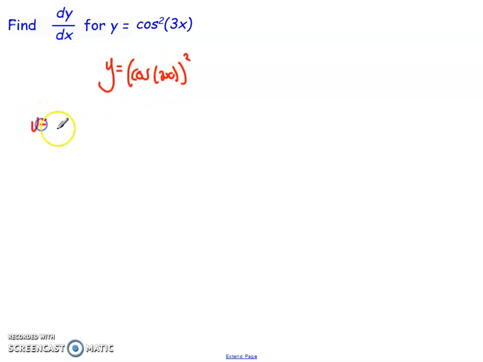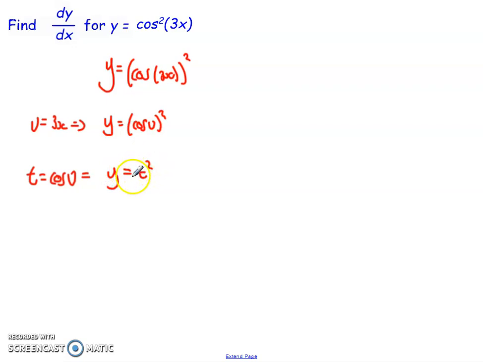So if I put u equals 3x, I'd then have y equals cos of u all squared. But then my cos of u is within yet another function, so let's make t equal to cos of u. So then I'd know that my y is equal to t squared.